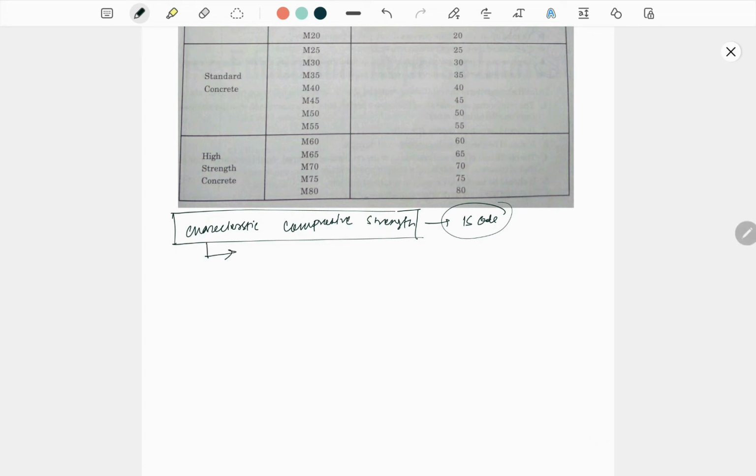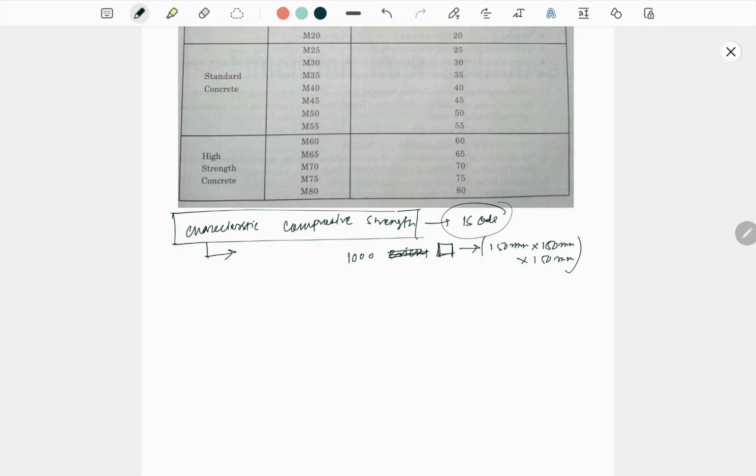First I am trying to give you some examples. Suppose you have 1000 cubes. Cube means 150 mm by 150 mm by 150 mm. This is very basic, you have to know.